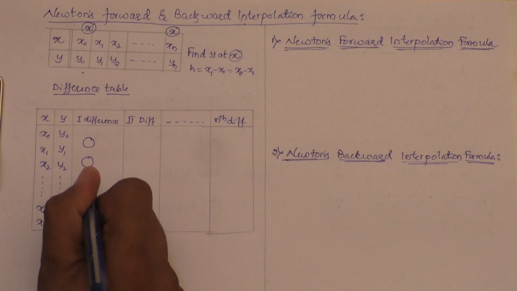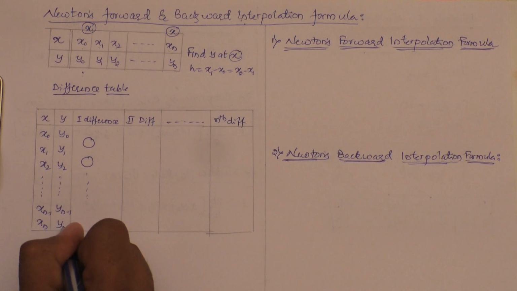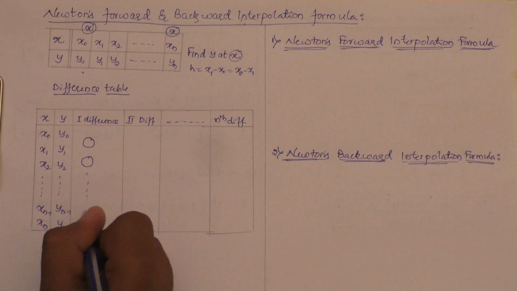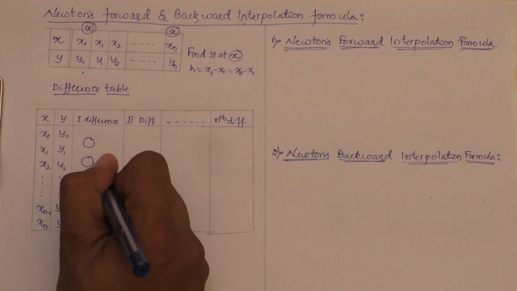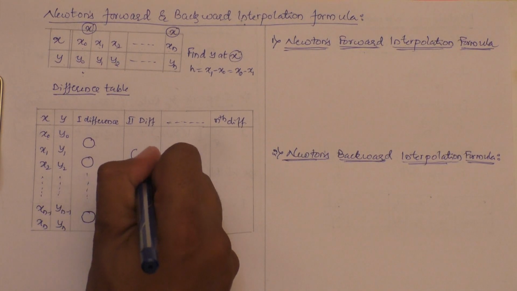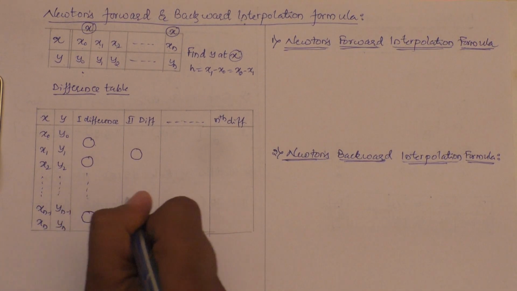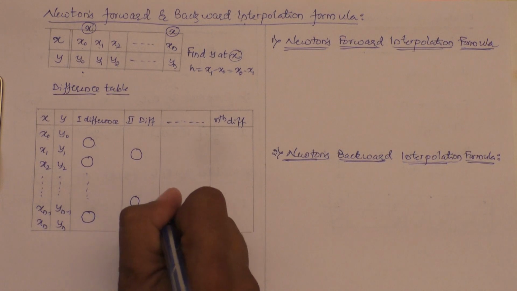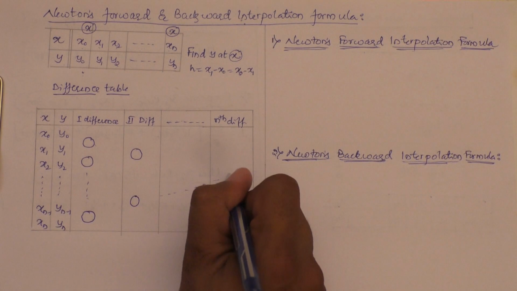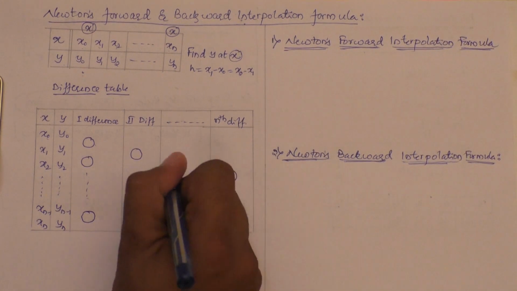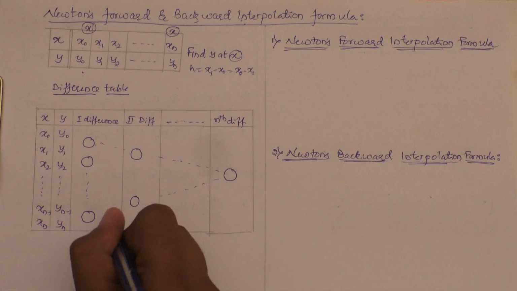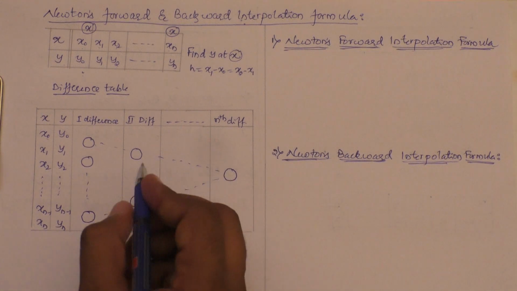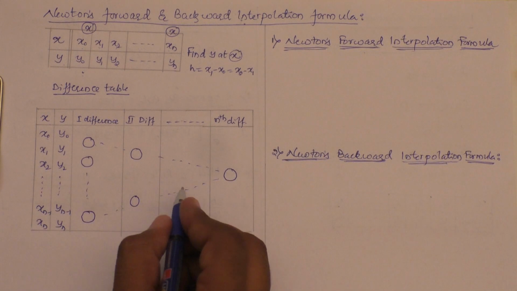If you continue like this, you will get yn minus y(n-1), another value. In the same way, this value minus the previous value gives another value, and like this you will get values, and at the end you get one last value. That gives the difference table.